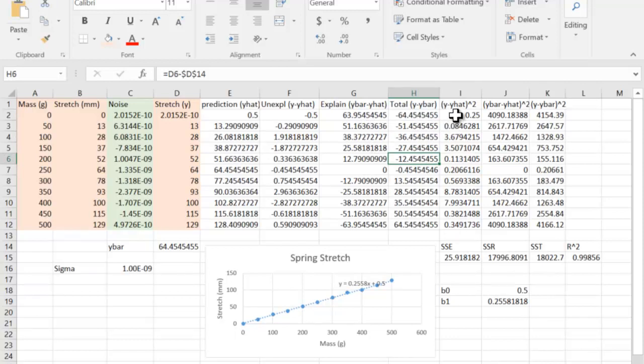Now let's take each of these and square them. So in column F, I have the unexplained variation. I square those, and if I add the squares together, so here is the sum of column I, this is the sum of the squares of the errors, or, using a different notation, the sum of the squares of regression.